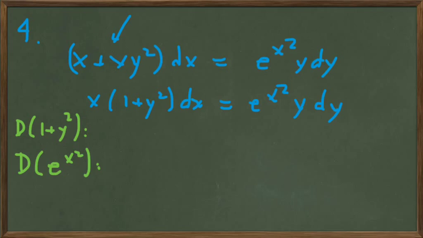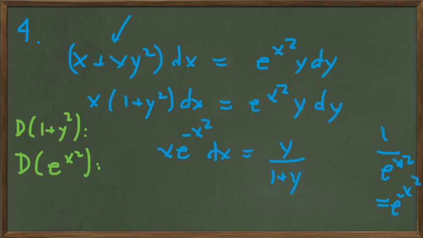And so when we do that, we get x times 1 over e to the x squared, but that's e to the minus x squared, is it not? So it's x e to the minus x squared dx equals y divided by 1 plus y squared dy.